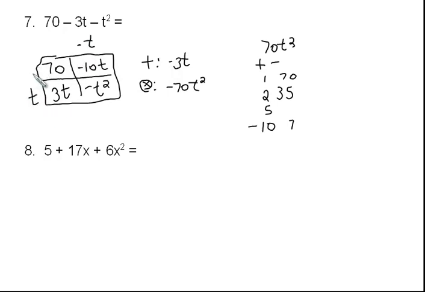Alright, so what do I put up here? Remember, this times this will give me 3t. So this has to be a 3. Oh, what am I doing? Having a brain problem here.